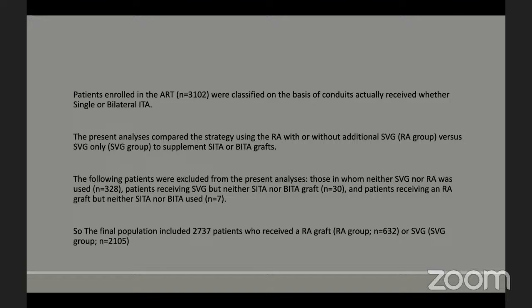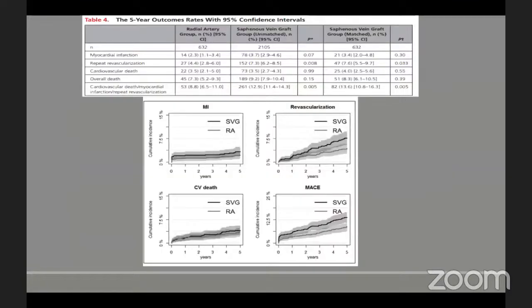So the final population included 2,737: those who received radial artery graft, the radial artery group, number of 632, or saphenous vein graft, the saphenous vein group, number of 2,105. In this table, we can see the 5-year outcome rates with 95% confidence interval.